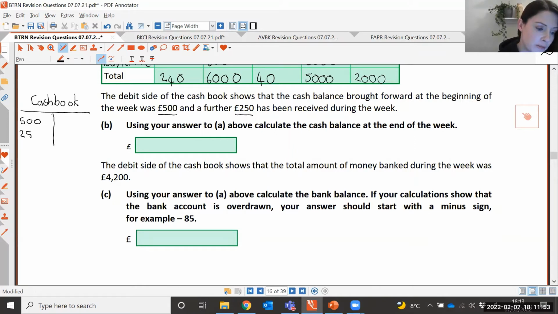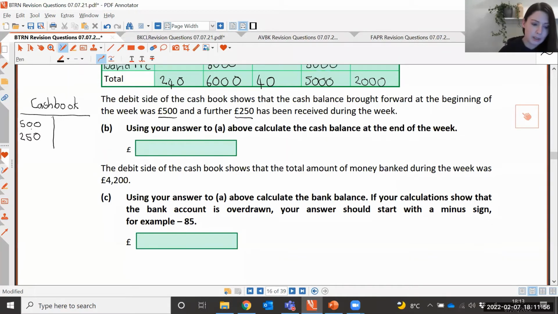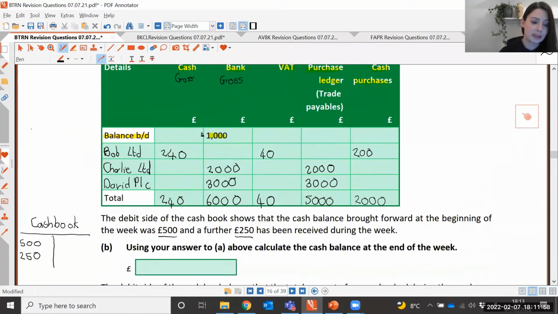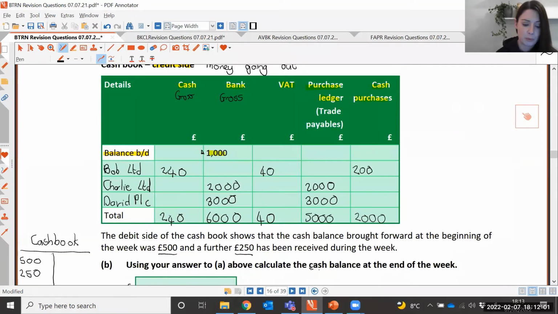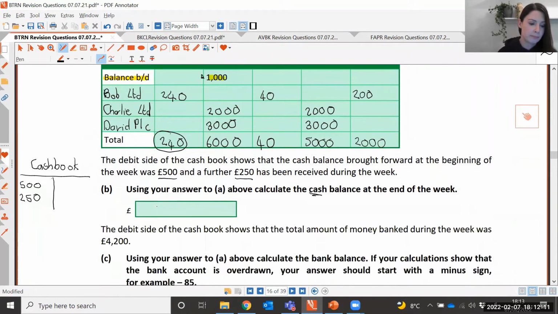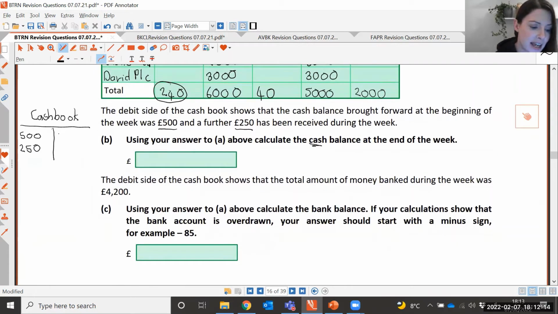So 250. And then we need to look at the credit side of the cash book. So as you can see, the cash column totaled £240. So that's how much cash we paid out. So we would enter that into the credit side. So you would do 500 plus the 250 less your 240, which gives us a cash balance of £510.